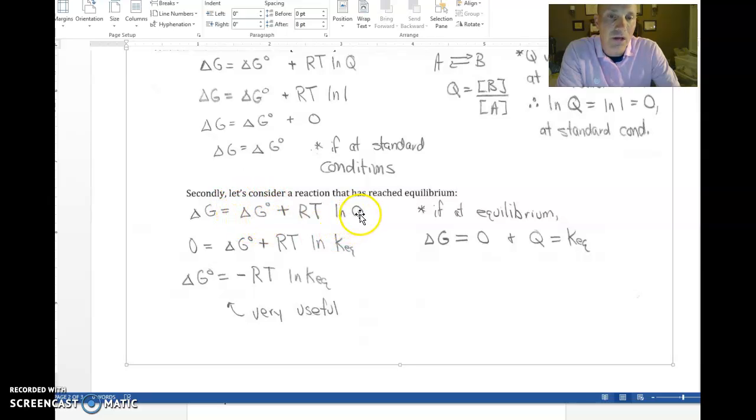And if we knew what the current concentrations were, we could plug that in here. We could use both of those bits of information together to calculate what the actual delta G is at that position. And that's a pretty useful thing to be able to do.